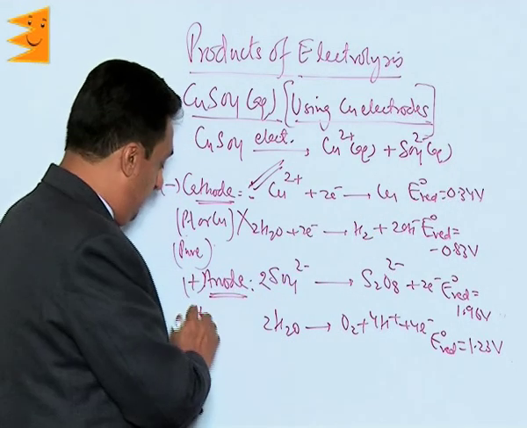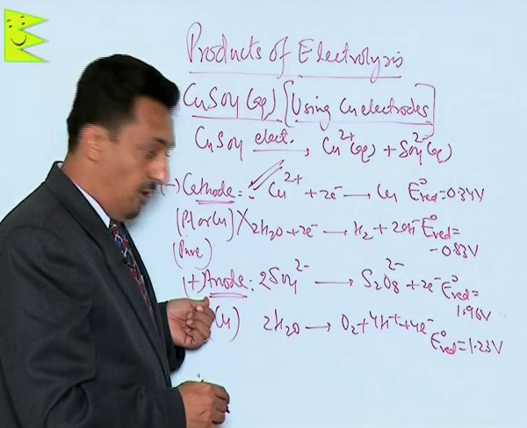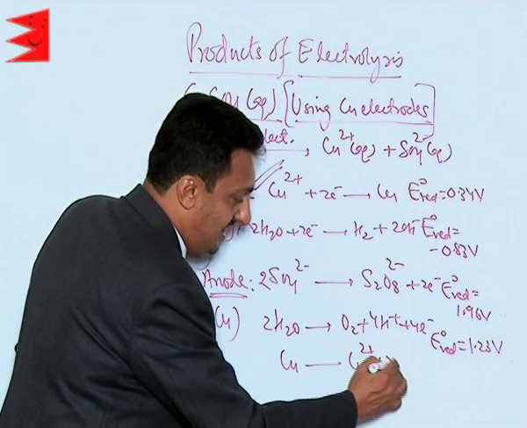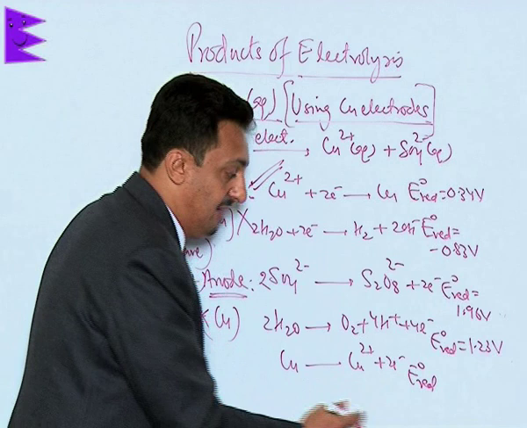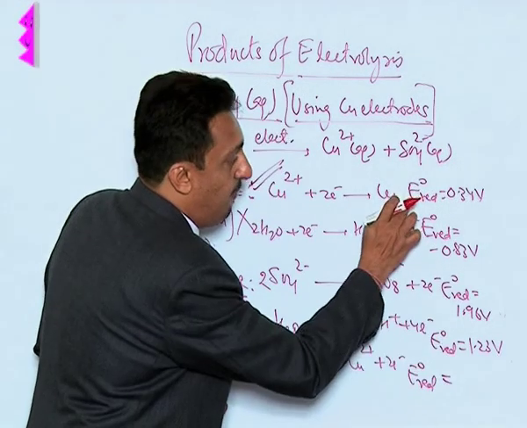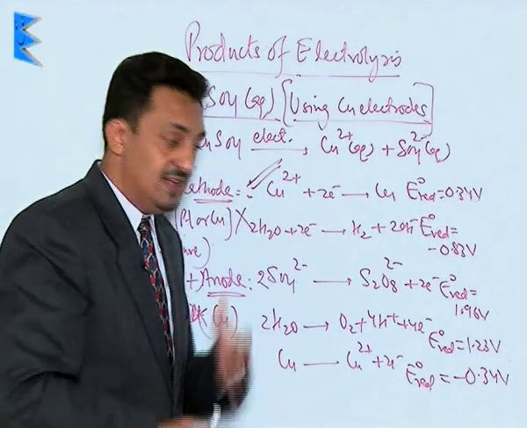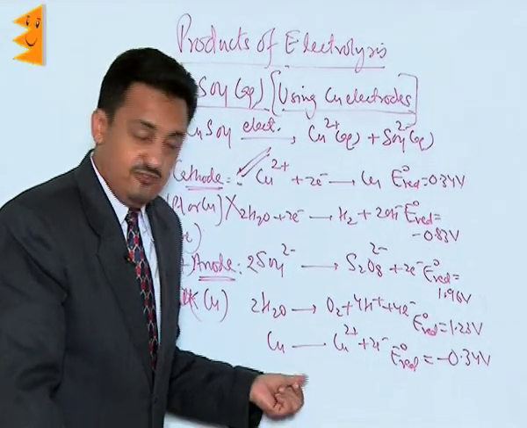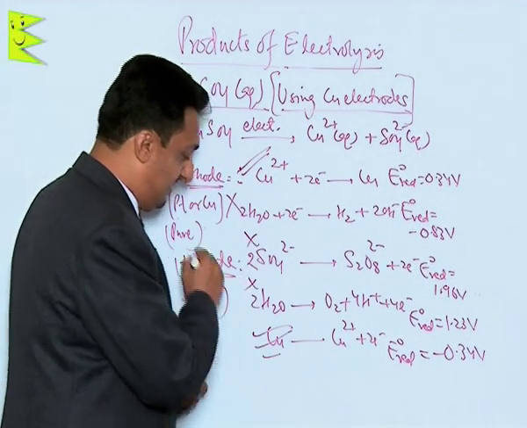But if we are not using inert electrodes, if the anode is of copper, then the copper can also get oxidized like this, and this oxidation reaction will have an E naught reduction value opposite of this one, that will be minus 0.34 volt. Now let us see which out of these has the lowest E naught reduction, highest oxidation. It is the copper. So this gets oxidized, and these reactions don't take place.